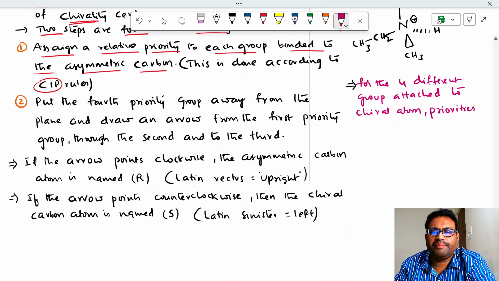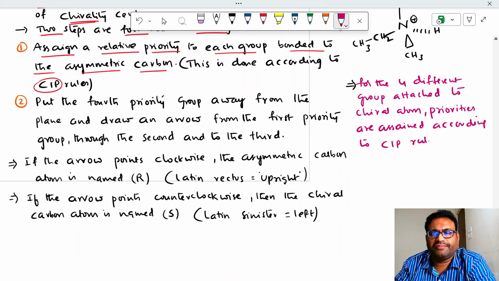Priorities, preferences. Priorities are assigned according to CIP rules. These CIP rules we have already discussed in geometrical isomerism, and we will come across them again while solving problems.